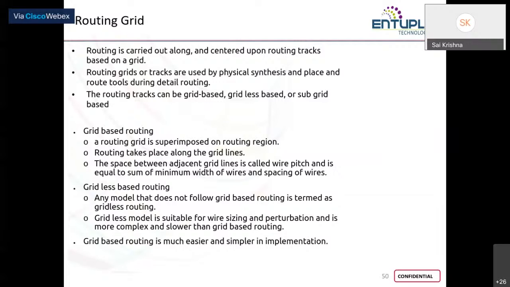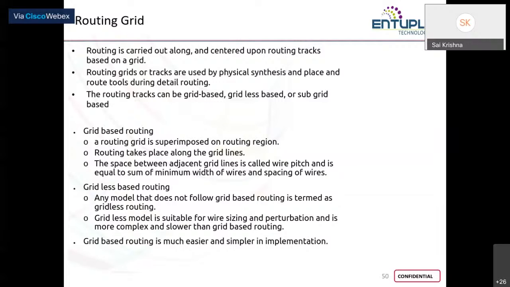Whereas gridless routing is more suitable when you want to go for something called non-default routing. Non-default routing is where you increase the width and spacing of the metal layers above the minimum requirement that is given in your LEF file.